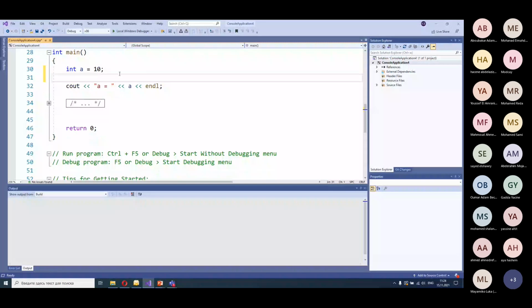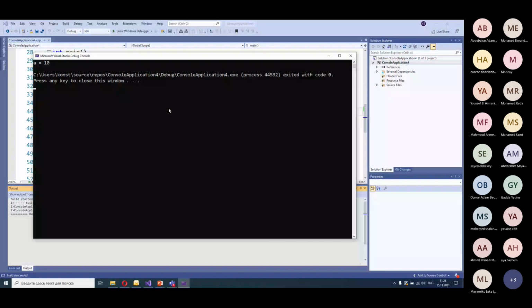Let me declare the integer number 10, and output this value to the screen. What do we see on the screen? Of course, it's very simple. We see a equals 10.